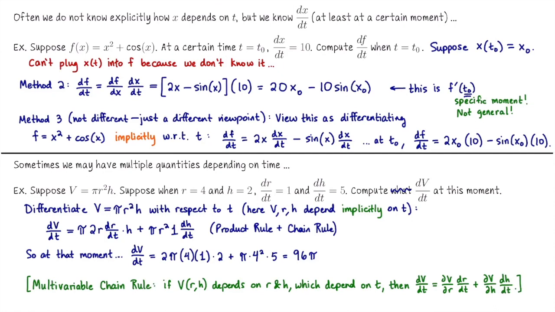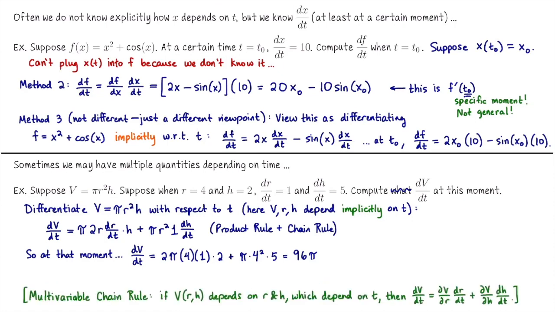Now you have to be a bit familiar here with partial differentiation to test this formula. In particular, those funny d's I wrote for dv dr and dv dh are what we call partial derivatives. So if you've seen that before, you can check this formula, but if not, it's not a big deal. Again, you just take the expression you have and go through and differentiate everything with respect to t.